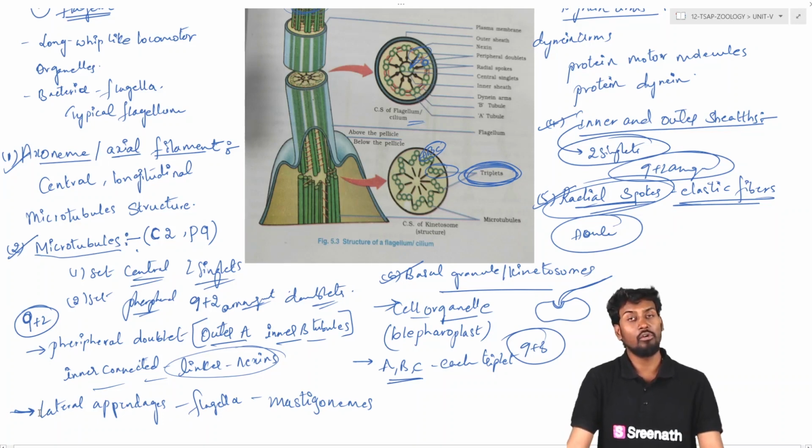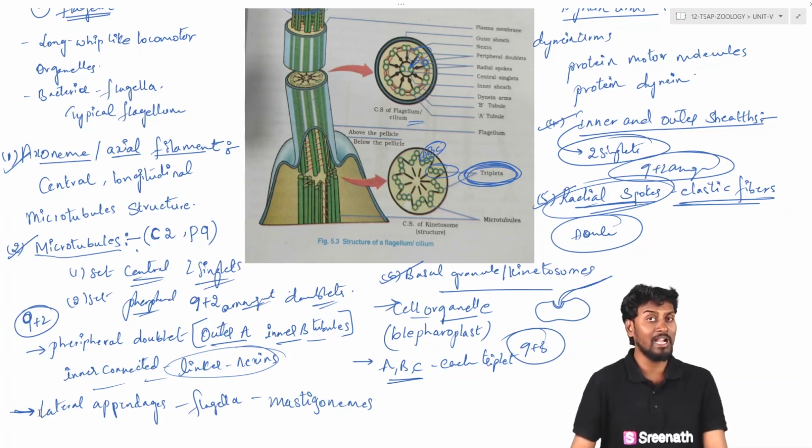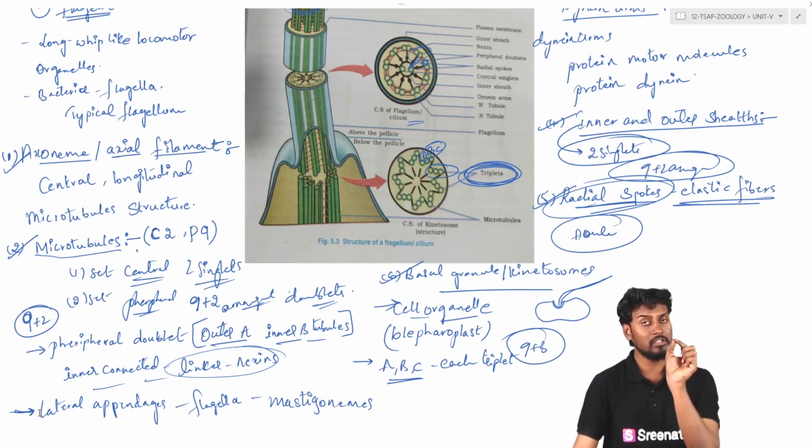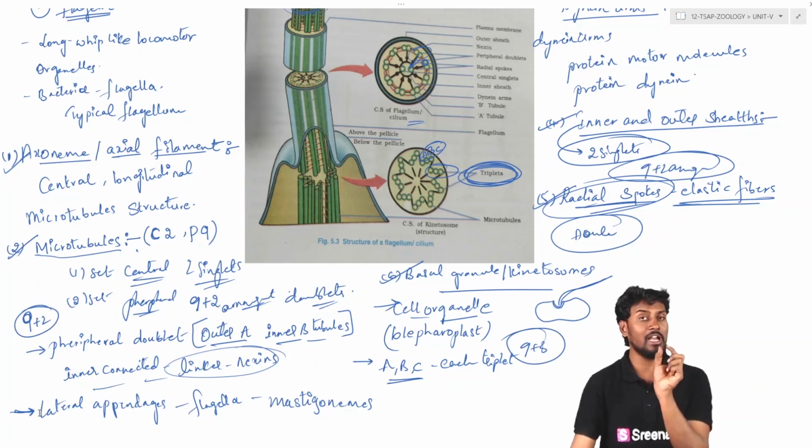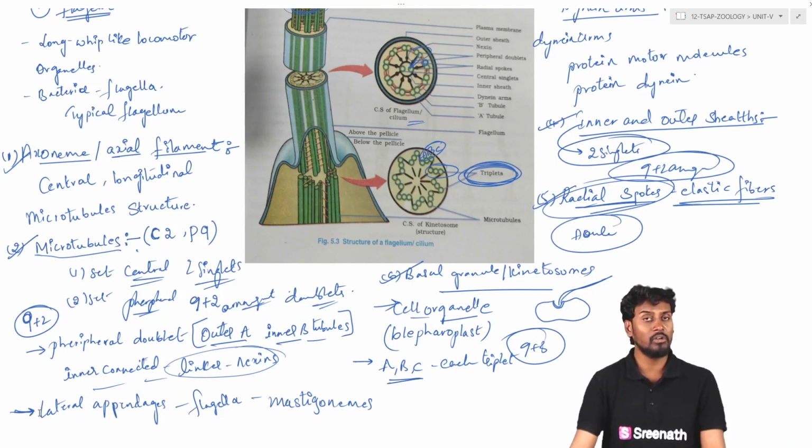So the next concept is a very small concept, that is mastigonemes. Mastigonemes are the lateral appendages, that is, they are the small connections generally connected to the main cell. Lateral appendages are nothing but mastigonemes.